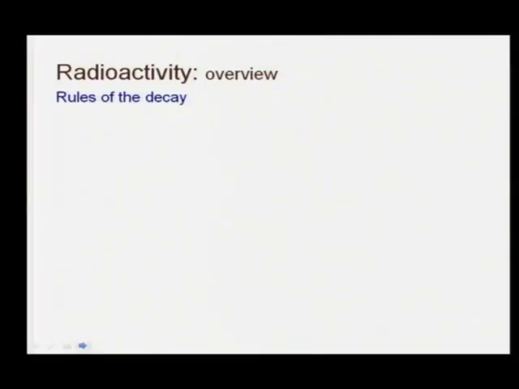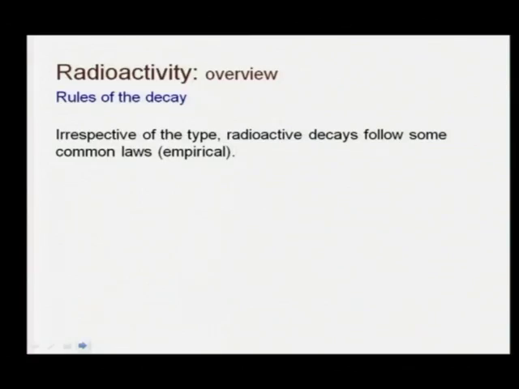Basically, there are a large number of observations made on radioactive nuclei, and from them we understand a lot about the common properties that such decays follow. These properties are mostly independent of what type of decay it is.